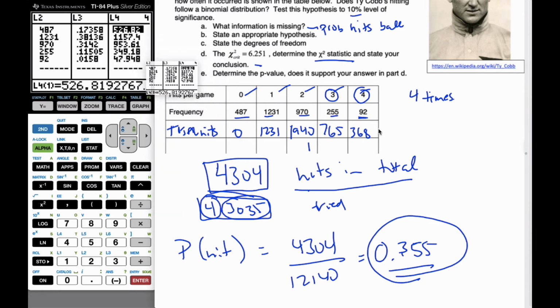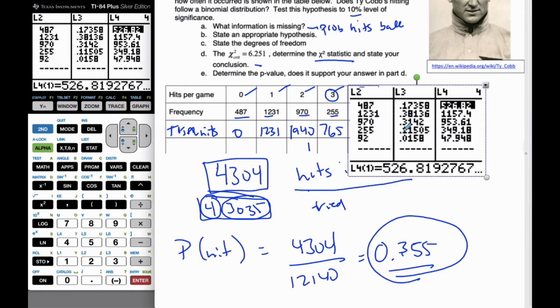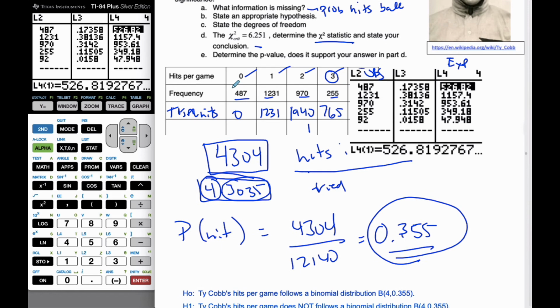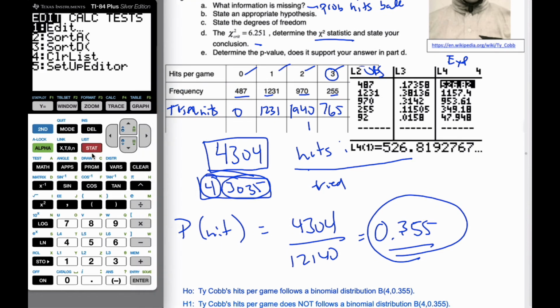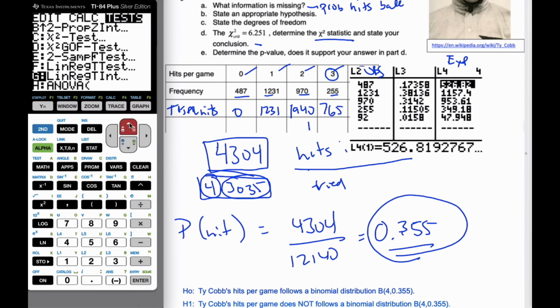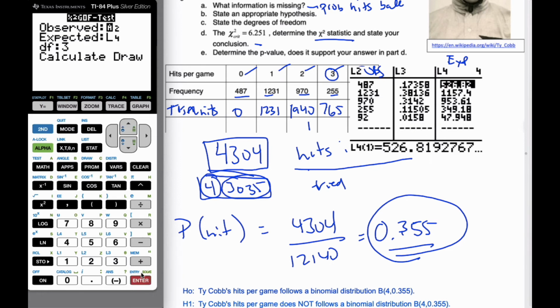And so I will drag this over, and we know that this is our expected, and this is our observed. And so we're ready to do our chi-squared test, and so I go statistics, test, chi-squared goodness of fit.